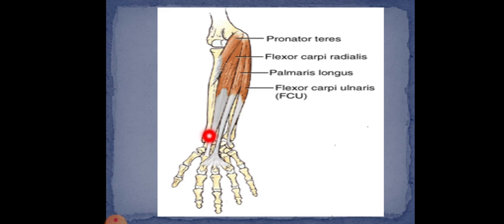Flexor carpi radialis is inserted in the base of the second metacarpal. Palmaris longus is inserted in the apex of the palmar aponeurosis. Flexor carpi ulnaris is inserted in the pisiform and in the base of the fifth metacarpal bone.